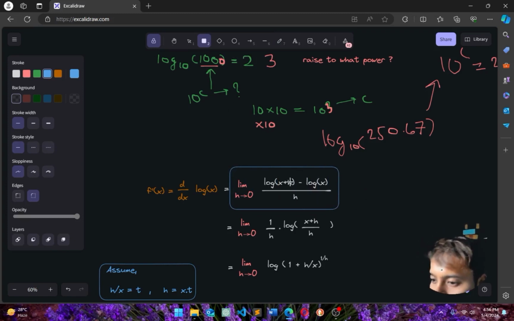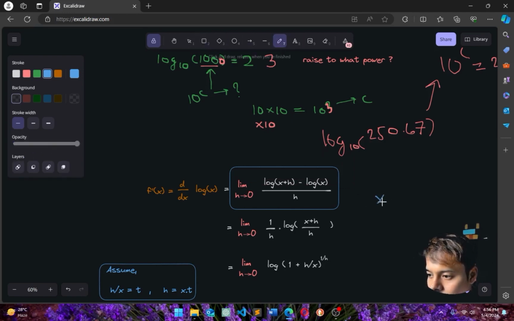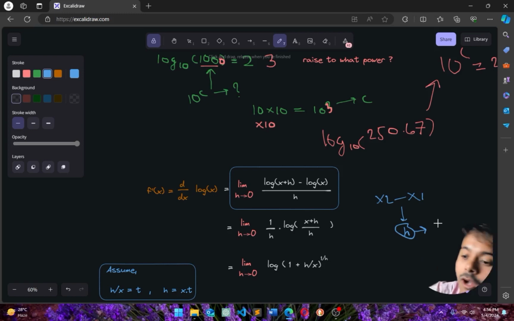It is the rise divided by the run. What we have done is x2 minus x1 equals h, and this h tends to 0. That means it's going to be very small to get a continuous function.